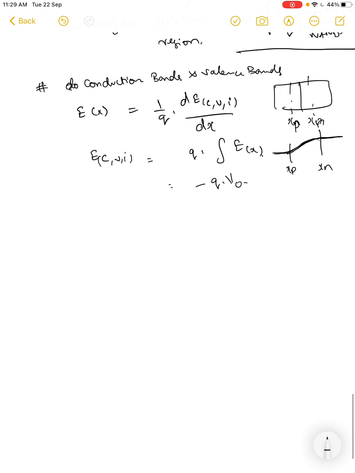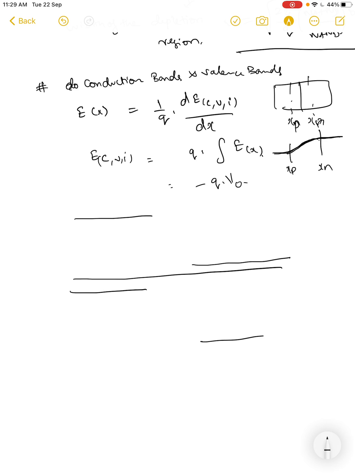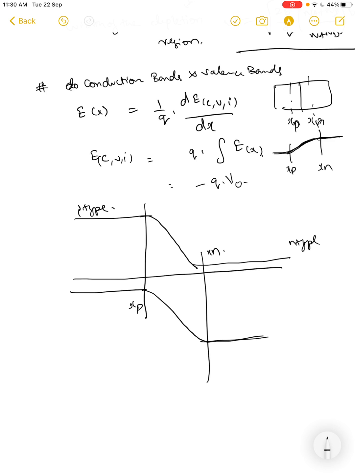Hence the actual band structure should follow the potential profile. So it will smoothly transition following the potential profile that we drew between the conduction and the valence bands, this being xp, this being xn, p type, n type, this being 0.